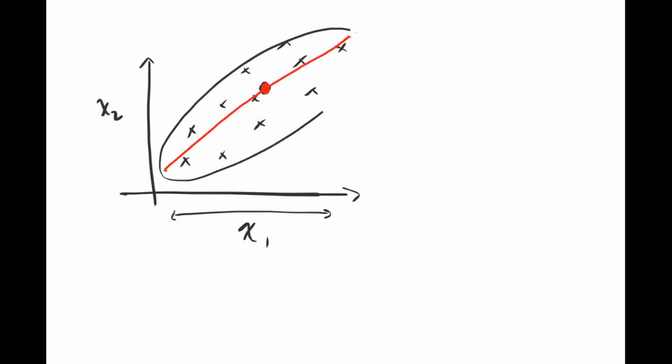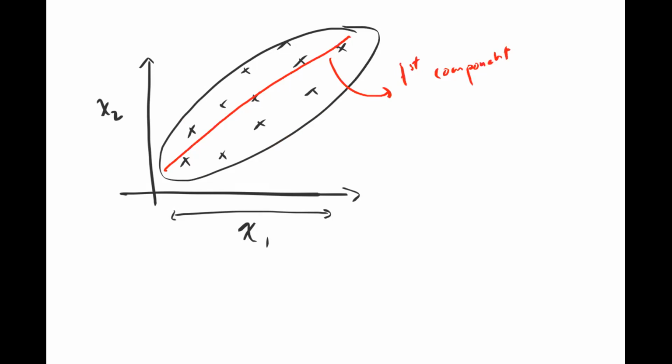So in my cluster of points, and I also need to delete that. So the red line is going to be my first component. And so I've essentially captured all of the variation along that axis.